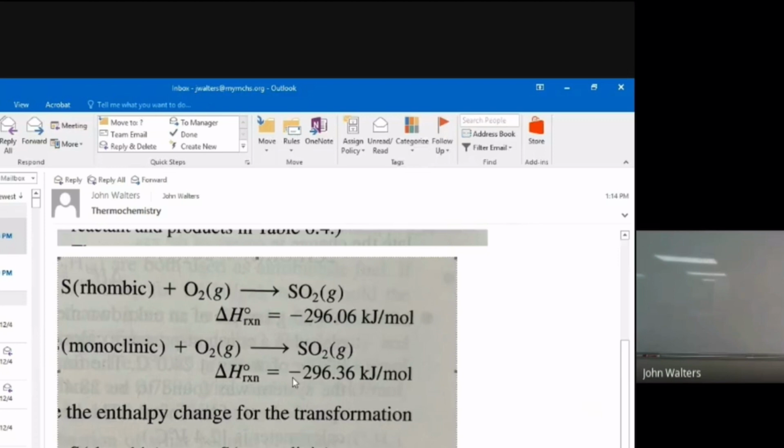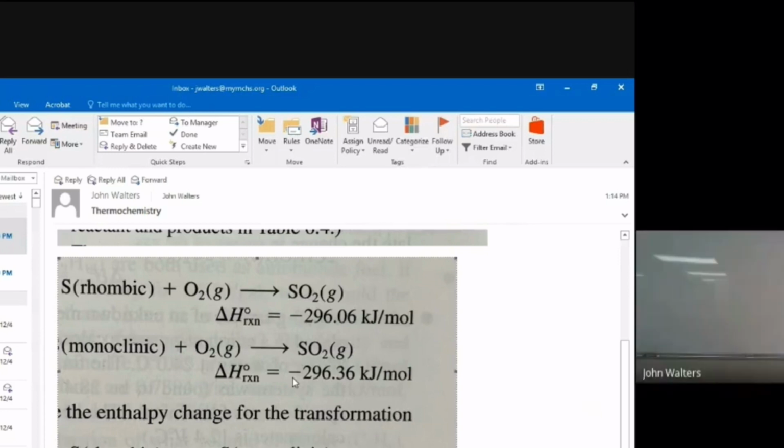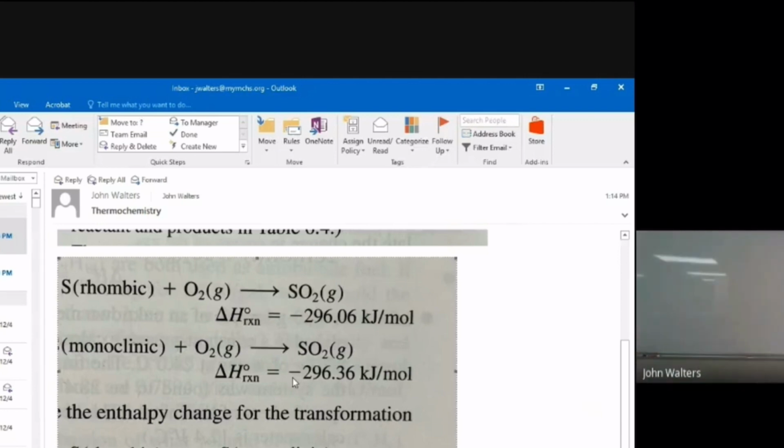And what'd you get, Preston? Is it 0.3? What'd you get, Isabel? I got 0.32. And what'd you get, Owen? 0.3. Yeah, so I don't know. I had 0.3 also. That's why I was re-going through it. We okay with this process now? Yep.